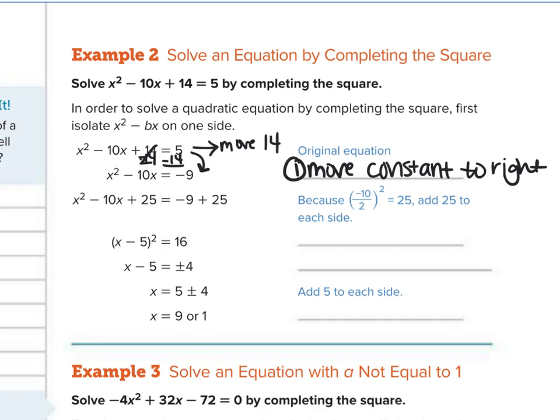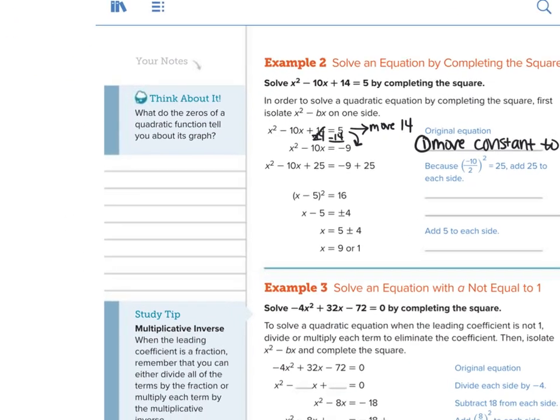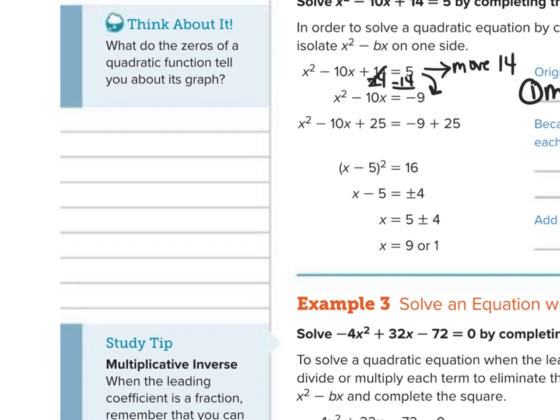Okay, now we're going to find that nice number. So I'm going to write this to the side so I have some room. So if I have x squared minus 10x equals negative 9, I'm going to leave this space here. I'm trying to find that number that makes it a perfect square. So this is where you use what we just did. Half of what number? A, B, or C?